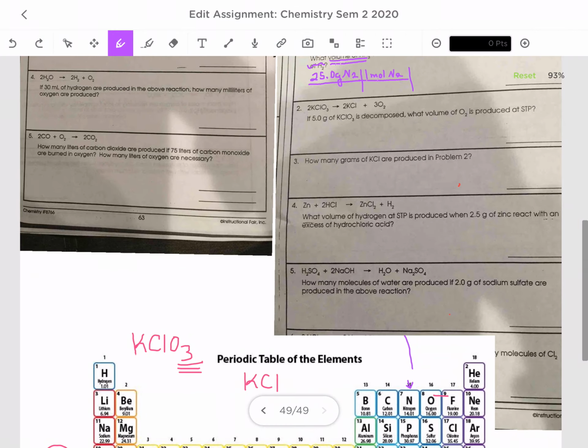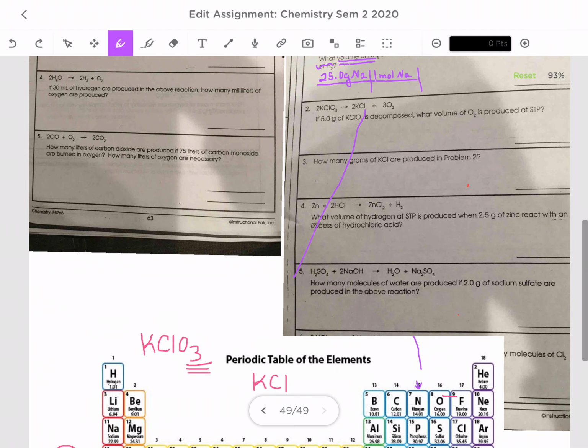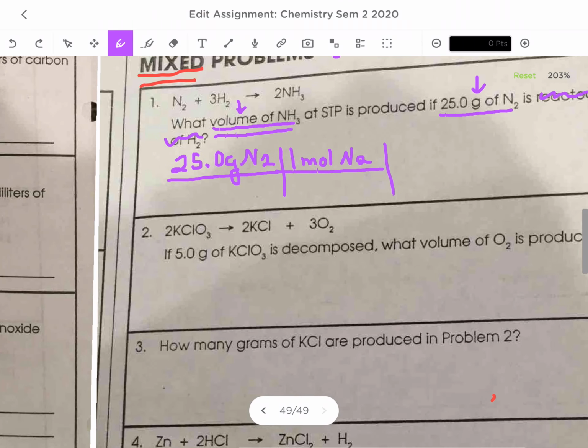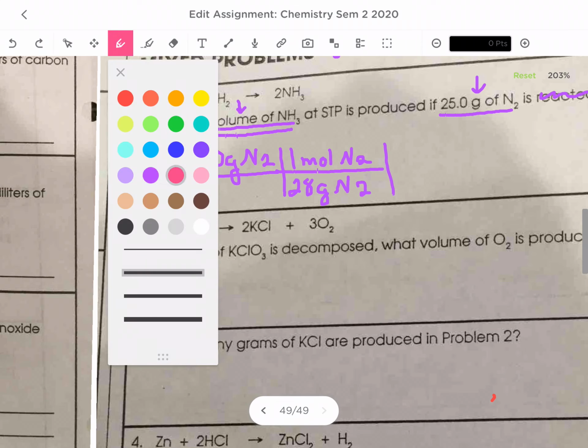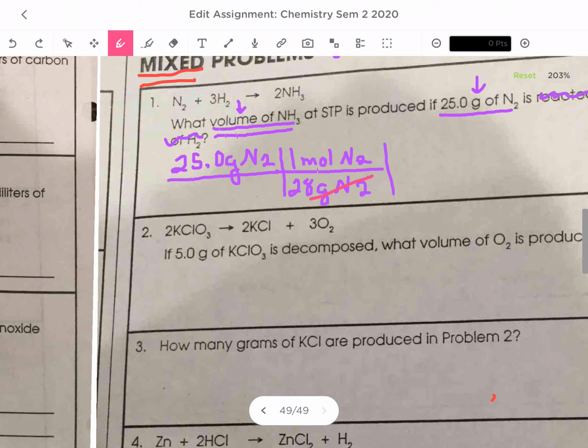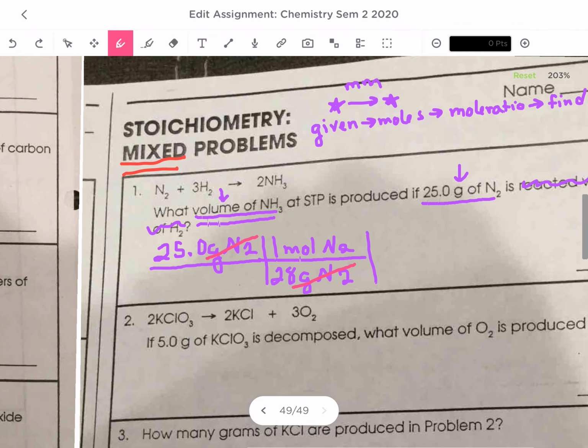So 14 times 2, because it's N2, is 28 grams of N2. And then grams of N2 cancels out. Now we're in moles of N2. Now if we go up just a little bit, now we can use our mole ratio.